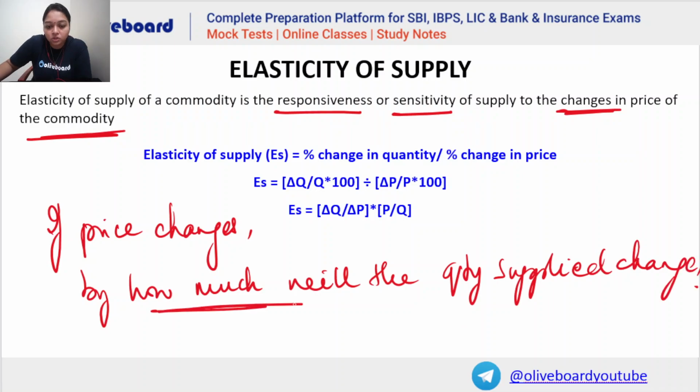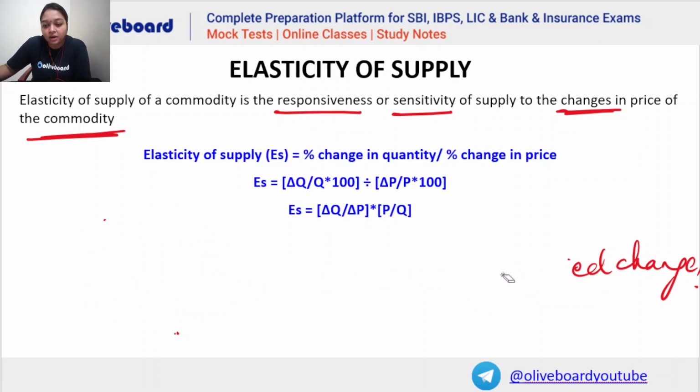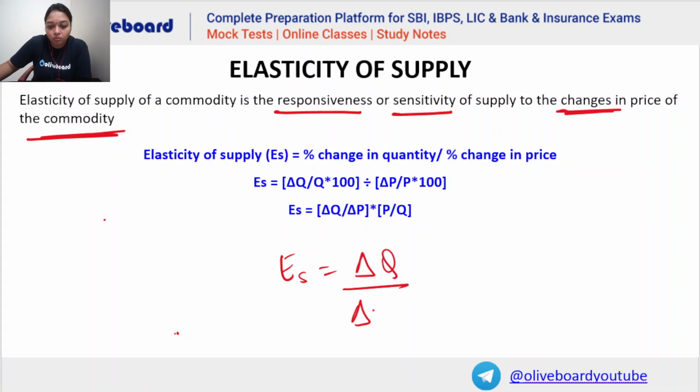This how much, this measurement is done by elasticity, right? So we have done this. The formula is also the same, that is percentage change in quantity divided by percentage change in price, right? So finally, what is your elasticity of supply formula? Delta Q by delta P into P by Q. This is your formula. Clear?